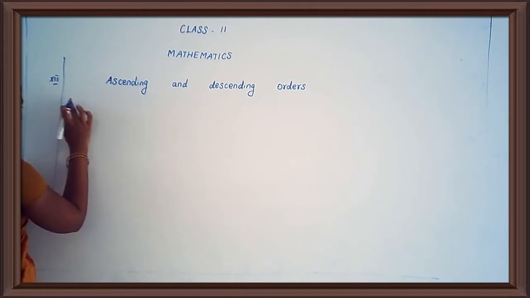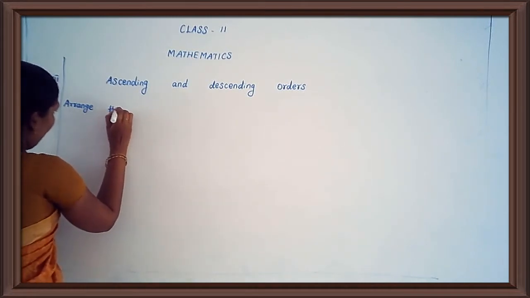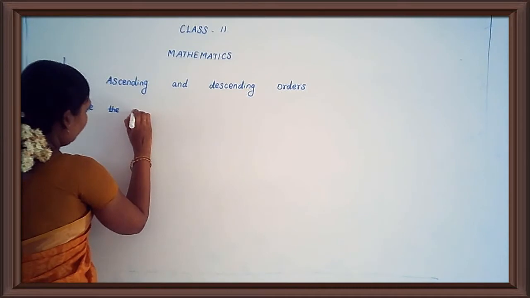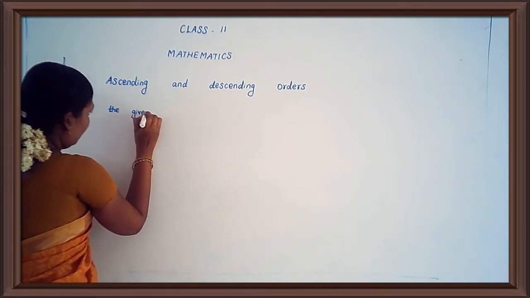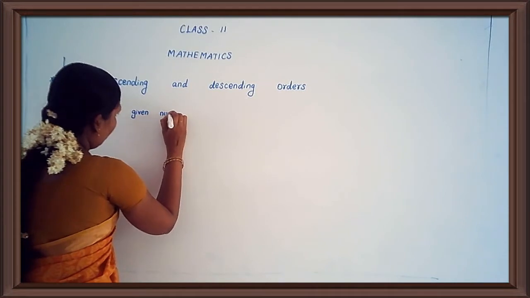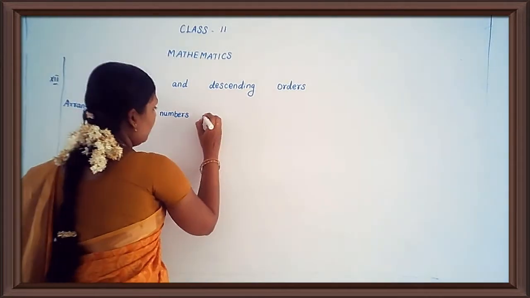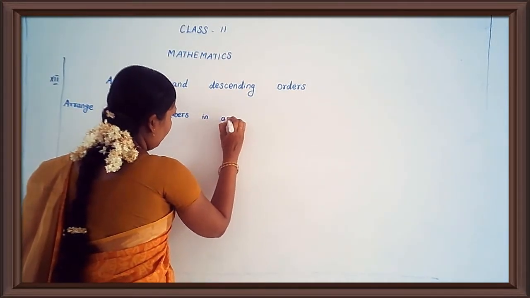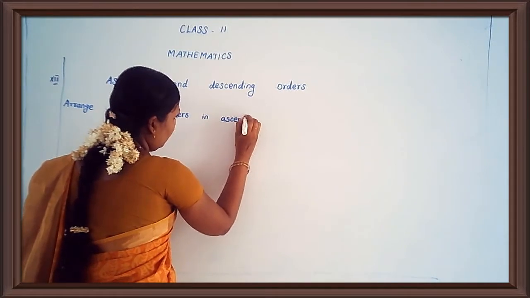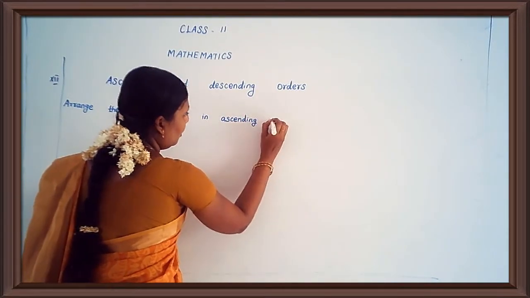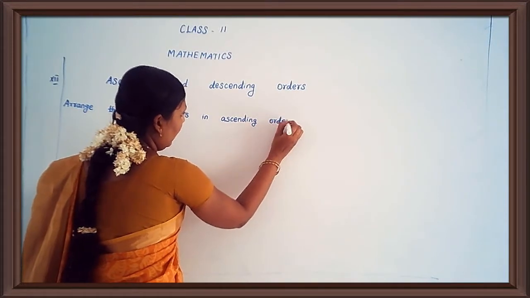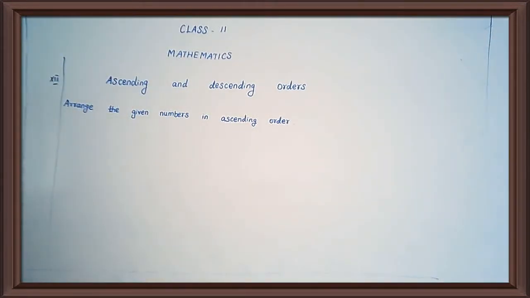This one subheading: Arrange the given numbers in ascending order. A-S-C-E-N-D-I-N-G, ascending. O-R-D-E-R, order. Arrange the given numbers in ascending order.